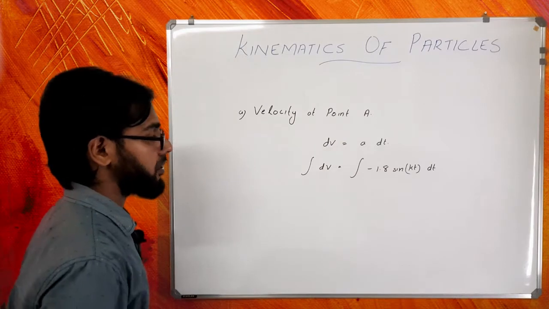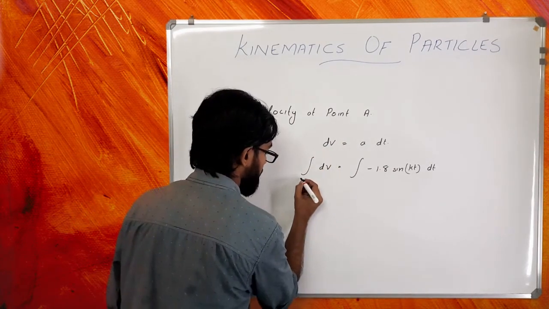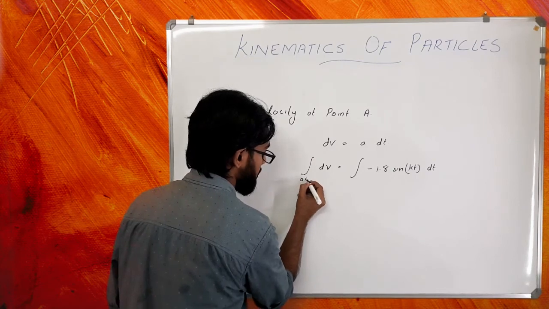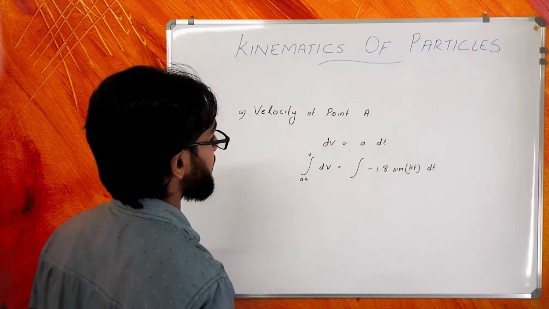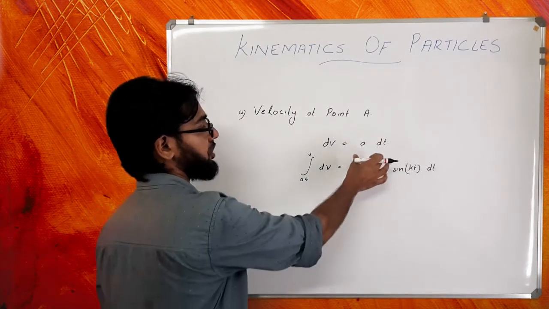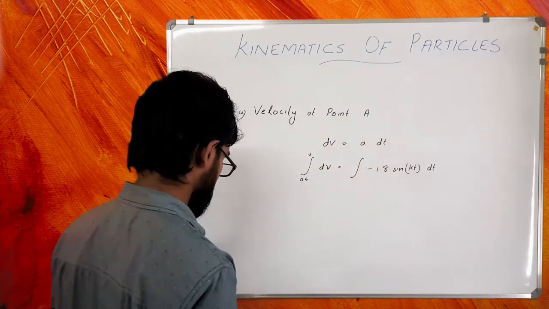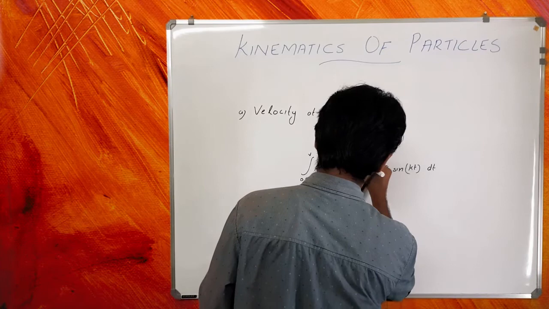Now the integration is done with respect to definite values. Initial value v0 is 0.6, the final value let it be v. Similarly, the acceleration a into dt is also integrated from the initial value 0 to the final value t.